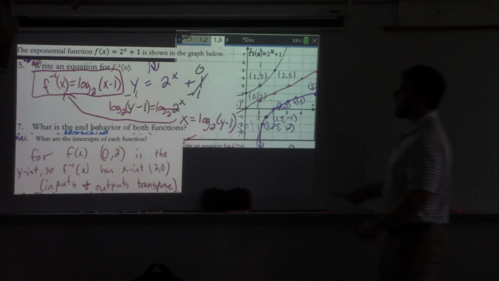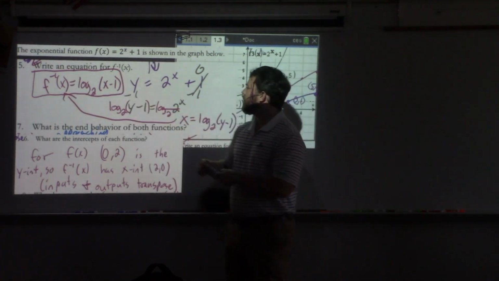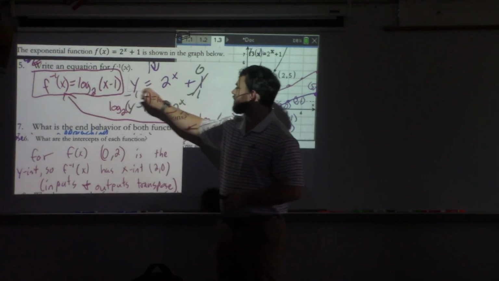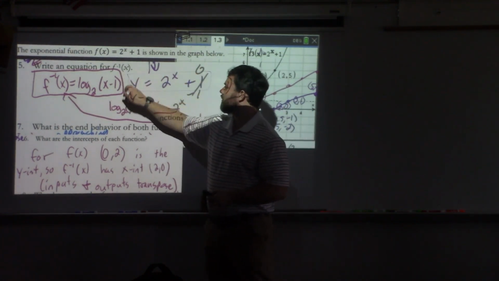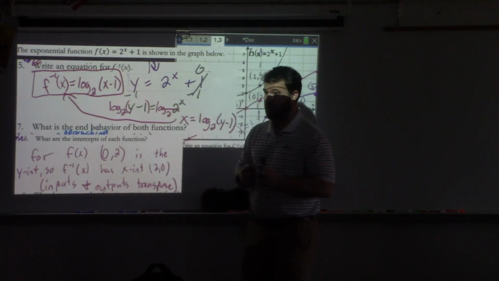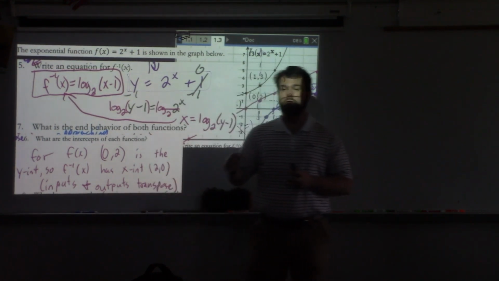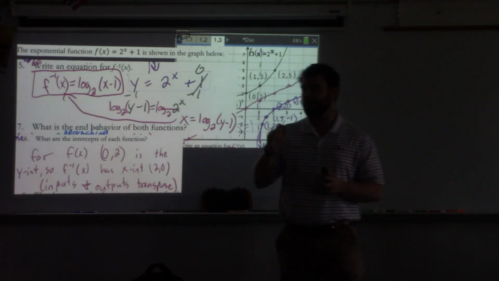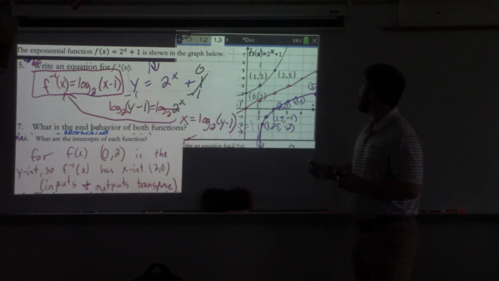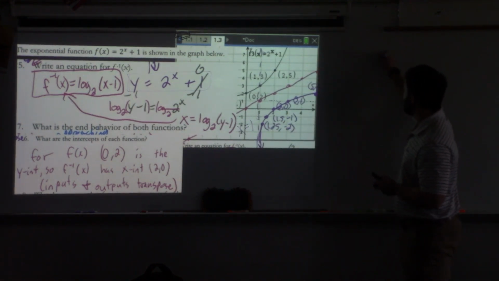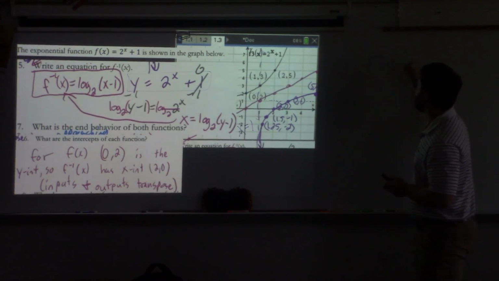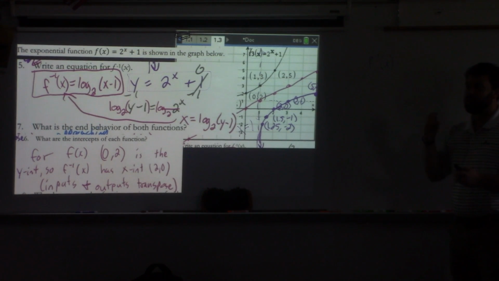Please notice this is my final piece over here, but I started with this. So I will point this out. Let's pause for a second. If we're writing an inverse function, what should we definitely have for the inverse of an exponential? So f superscript negative 1 of x equals, what should we 100% see for the inverse of an exponential?